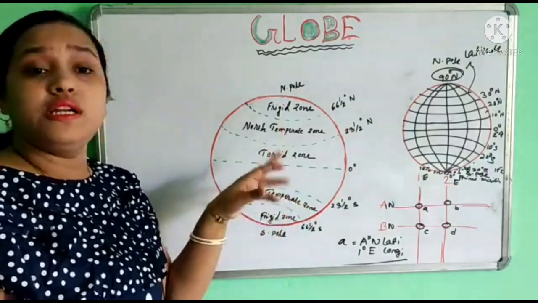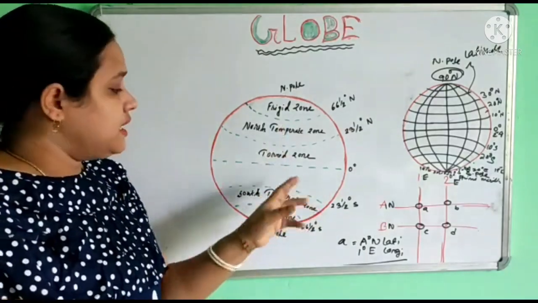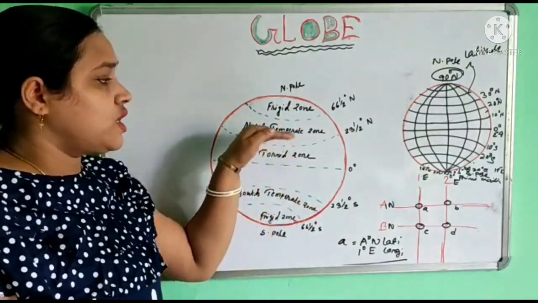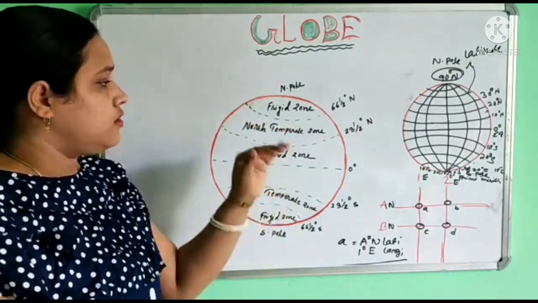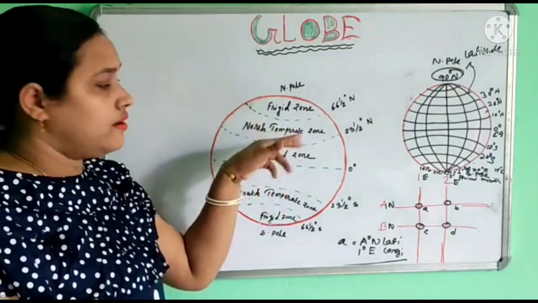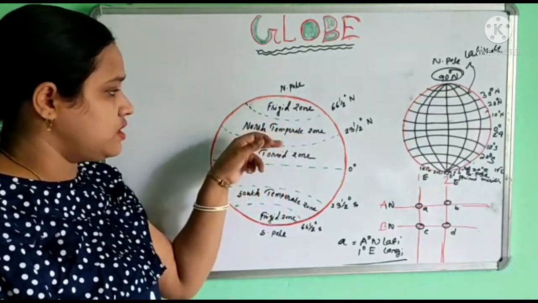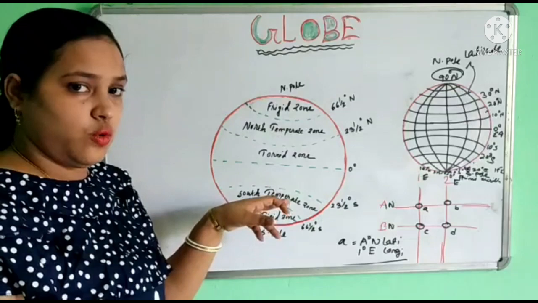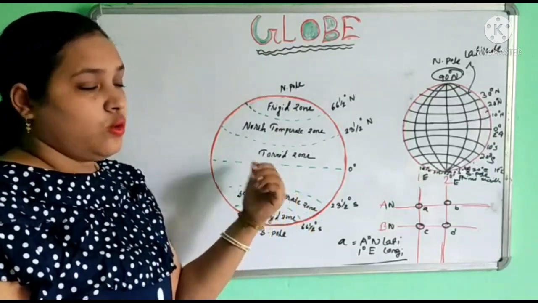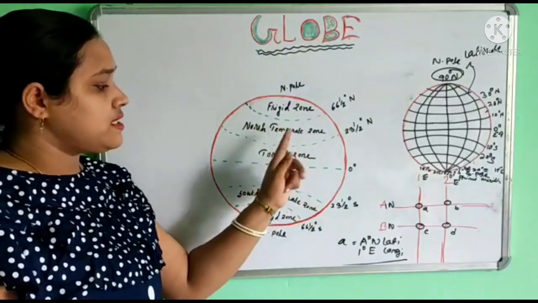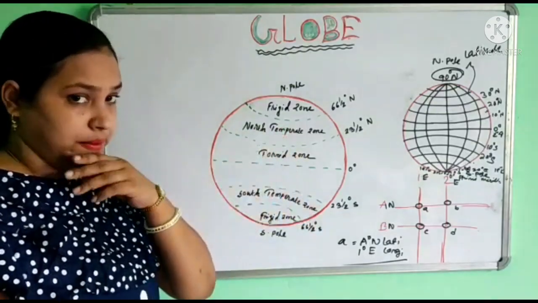That means these are temperate zones. In this area, sun rays gradually decrease. For that reason, the heat received in the north temperate zone and south temperate zone is low in comparison to the torrid zone. So this is the reason that these are known as temperate zones in both hemispheres.